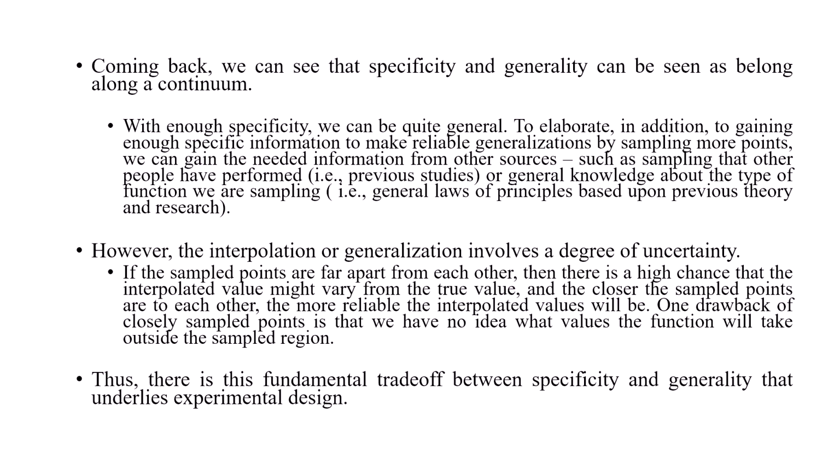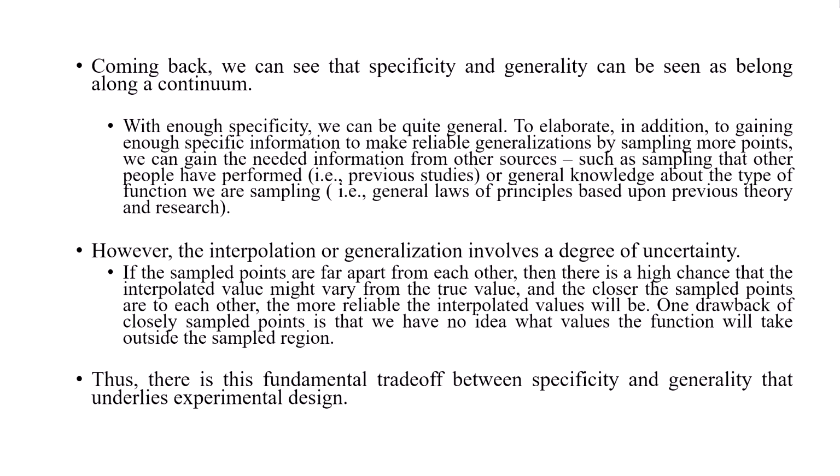Coming back, we see that specificity and generality can be seen on a continuum. You are measuring specific points, but if you have measured enough specific points, you can make a slightly general claim. So with enough specificity at hand, we can be quite general.